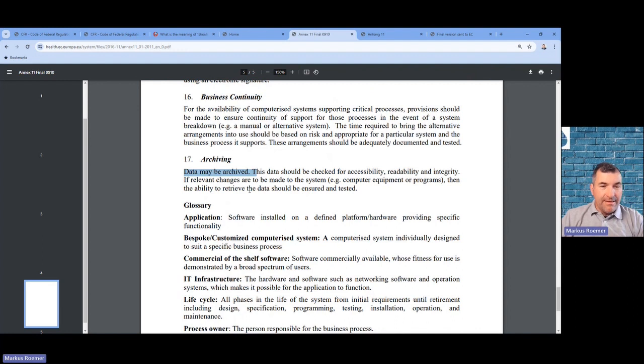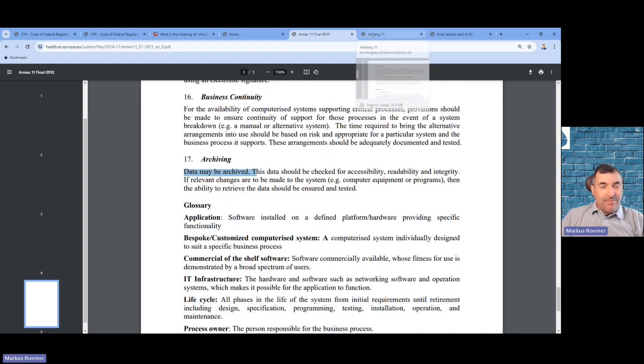So you may archive data, but you can still keep the system also in the productive environment. Nobody's saying that you must move it to an archiving system for electronic data. We might be able to discuss that later. But here it's interesting: besides must and should, you will also find may, and that's optional, right? So this is not mandatory.